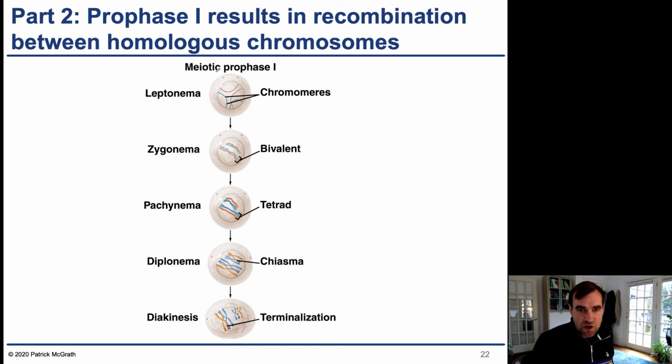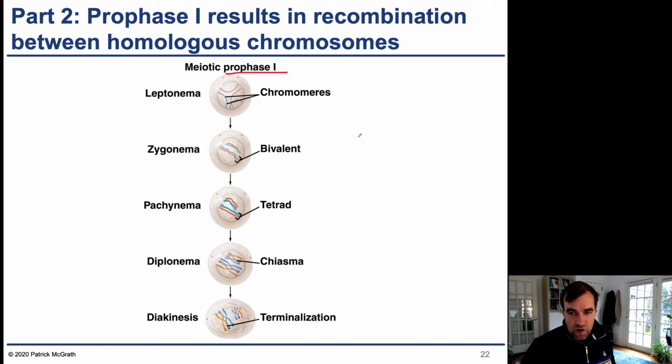This occurs during Prophase I, the first prophase stage during Meiosis I. Not only do the chromosomes condense, forming due to condensation of the DNA, but the homologous chromosomes are also able to find each other.